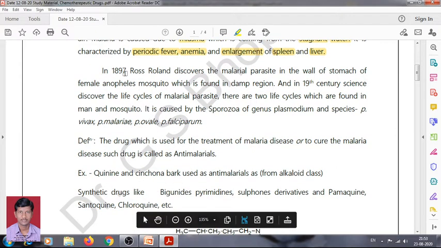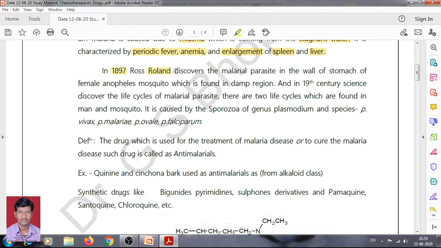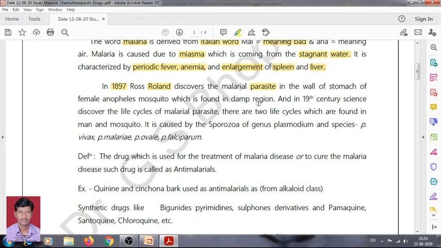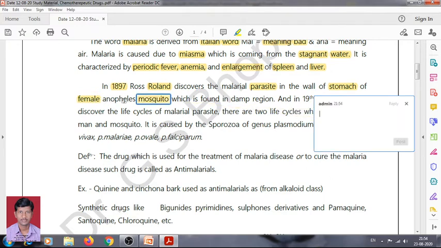Now Ronald Ross discovered the malarial parasite. Why is this malaria observed in a patient? The malarial parasite was discovered by Ronald Ross in 1897 in the stomach of the female Anopheles mosquito.